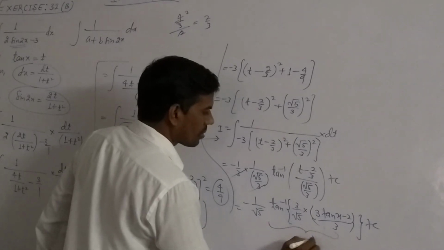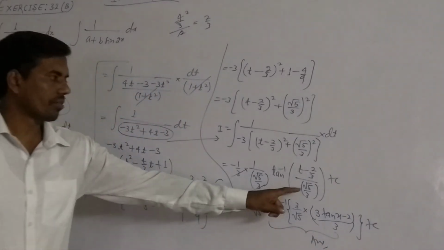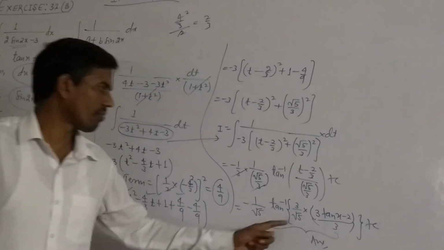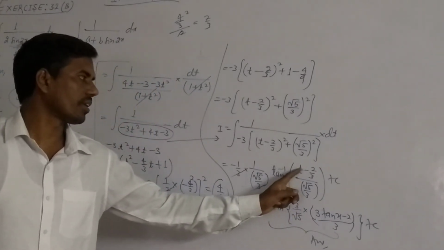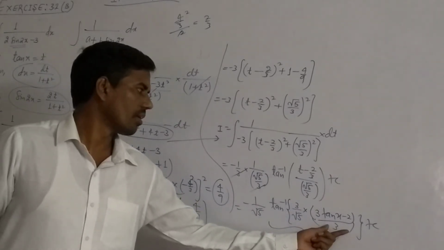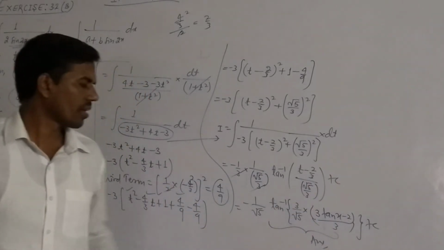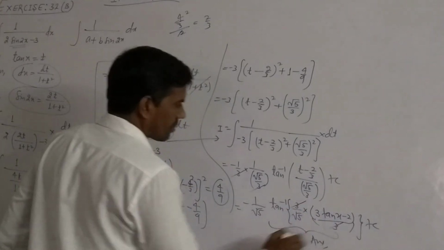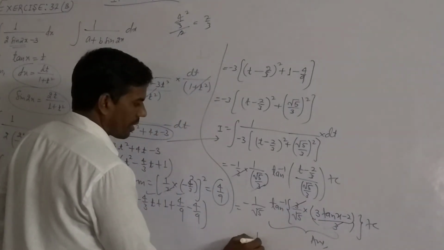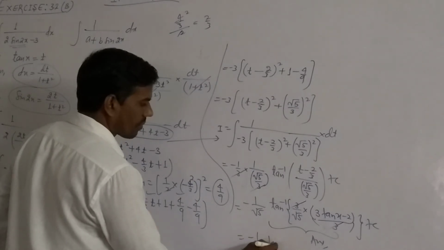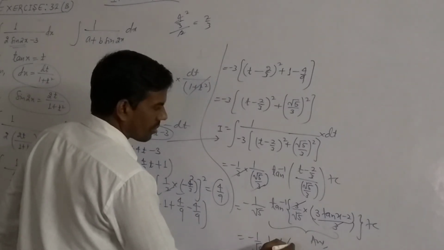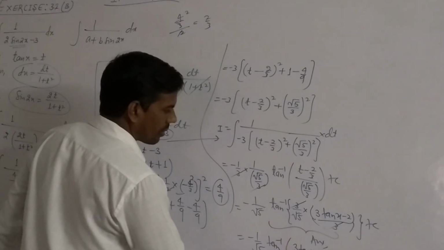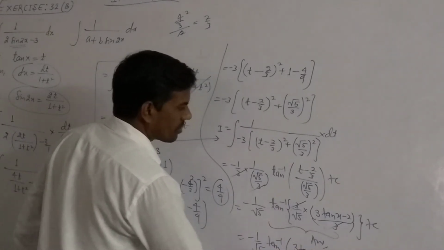So this is your answer. Now 1 upon root of 5/3 is 3 upon root of 5, into 3t minus 2 upon 3, and you can cancel this out. So our answer is minus 1 upon root of 5 tan inverse of 3 tan x minus 2 upon under root of 5, plus c.